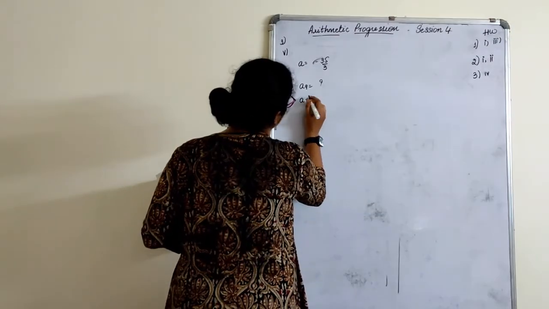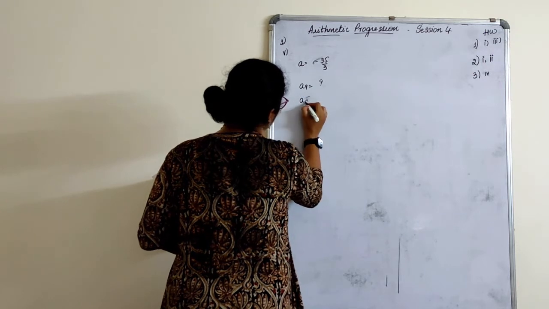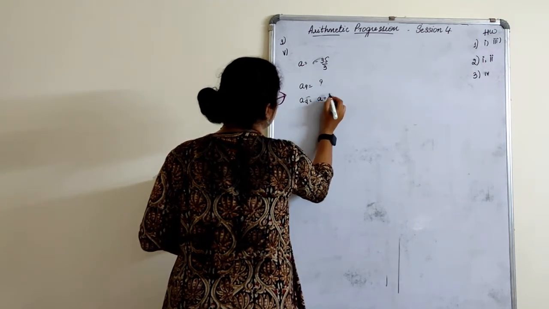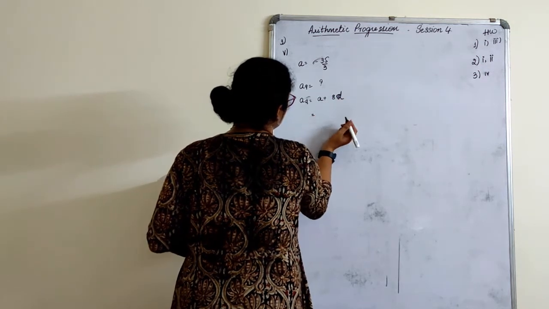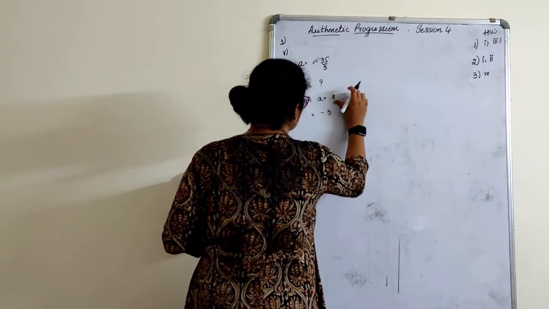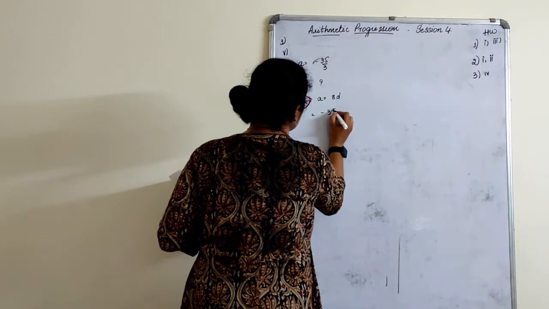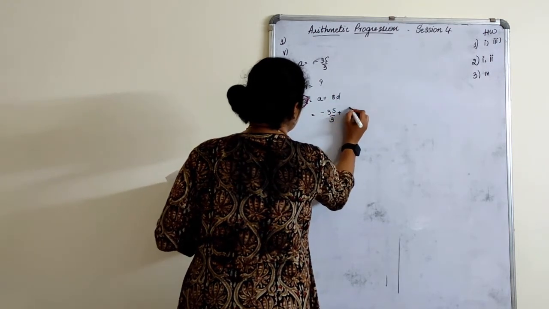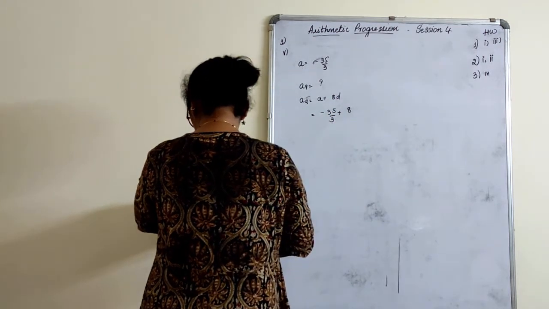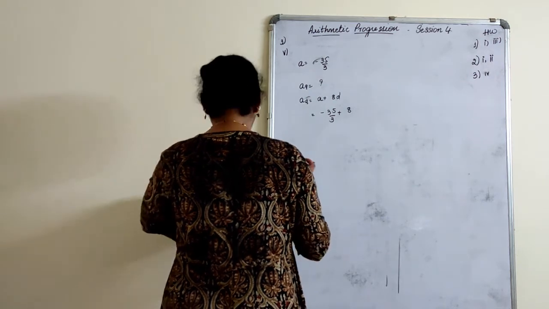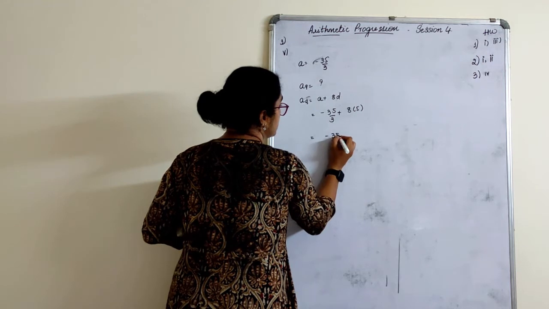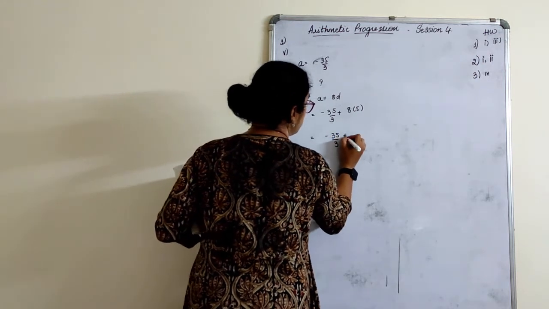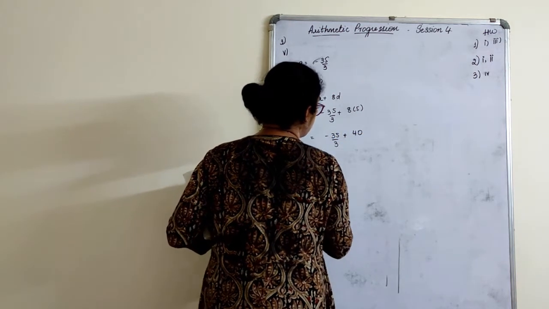A9 is equal to A plus 8D. So what is your A? Minus 35 by 3 plus 8 into, in the fifth one, common difference is given as 5. Minus 35 by 3 plus 8 fives is 40.